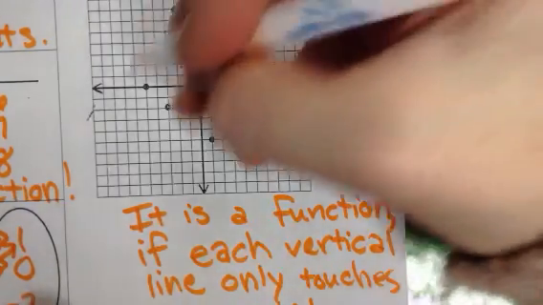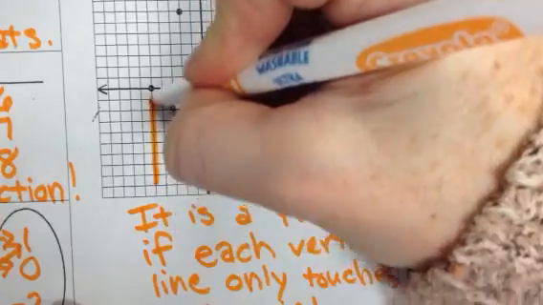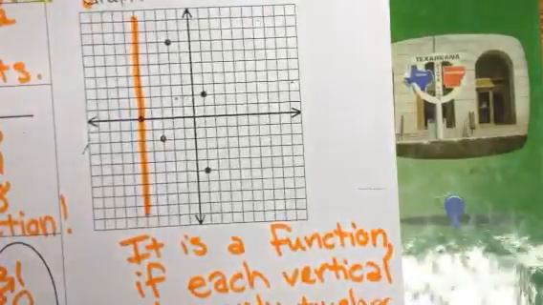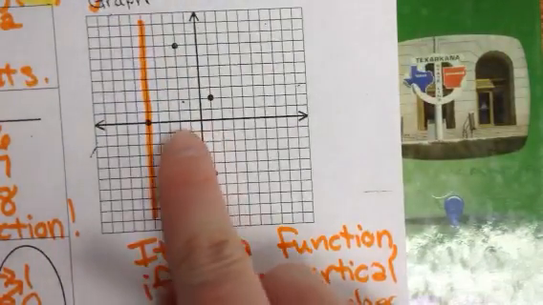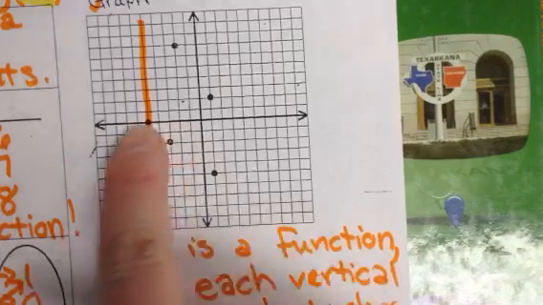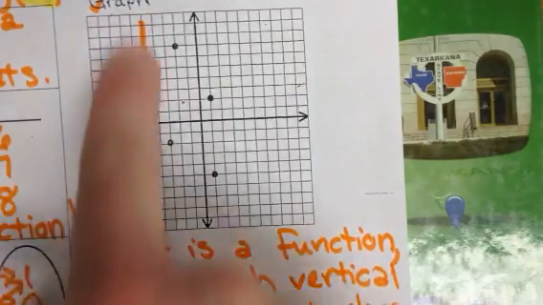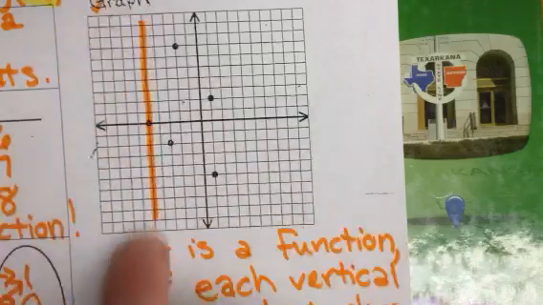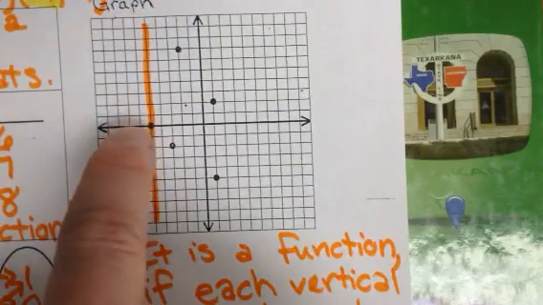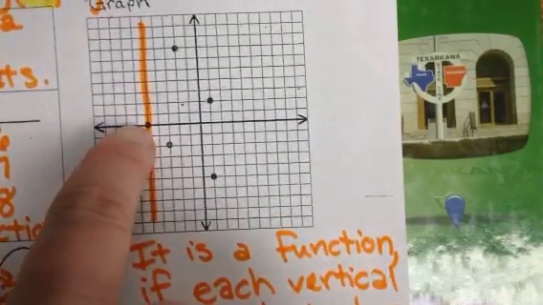So I'm going to start with this point right here. You draw a vertical line. You might need a highlighter. Whenever I drew this vertical line, I'm looking at the x value of -5 to see how many y's does it have. And I only hit at this one y number, which is 0.